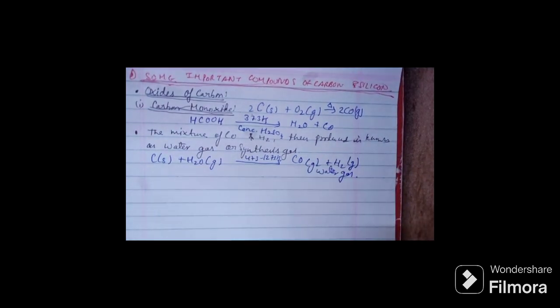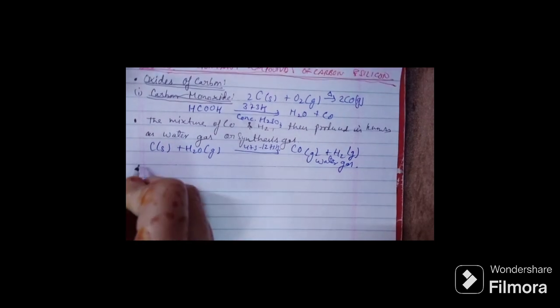Now, when air is used instead of steam, a mixture of carbon monoxide and N2 is produced, which is called producer gas. You can make a note of that.